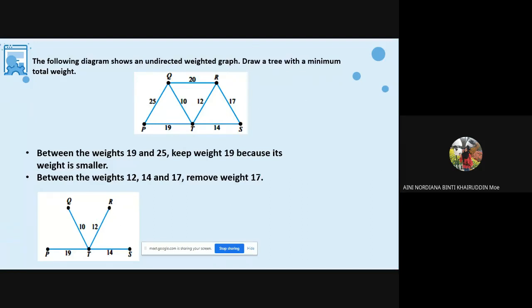Lepas tu tengok yang mana yang paling minimum. Kena tambah lah. 10 plus 12 plus 19 plus 14. Macam tu. Okay. Ni soalan ni dia tak boleh suka hati you nak lukis. Kena tengok pula bilangan sebab dia weight graph.